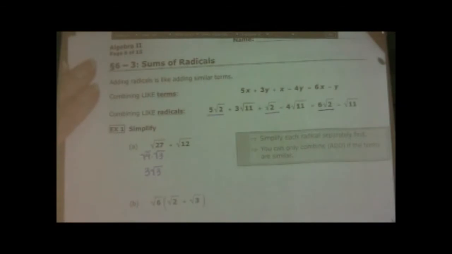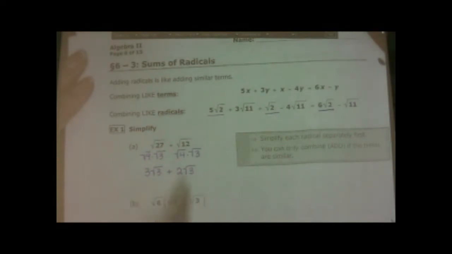All right, I just used what we did last week and simplified that radical. With 12, I have to ask myself what perfect square divides evenly into 12, and that's 4. 4 times 3. So this is the square root of 4 times the square root of 3. The square root of 4 is 2, so this is plus 2 square roots of 3.